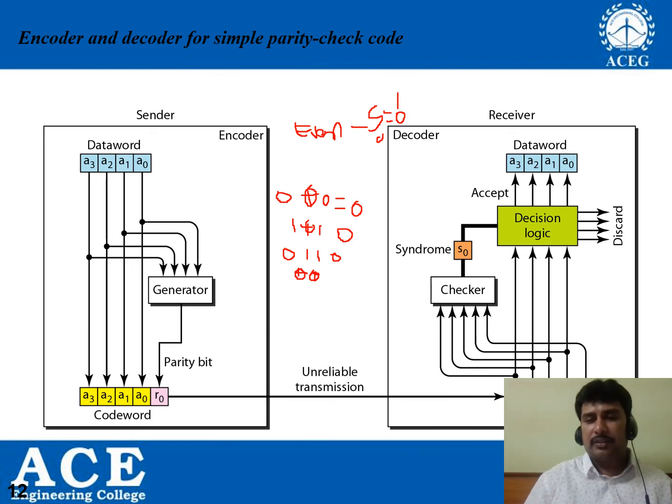But at reception, if one of the bits got corrupted, the total number of ones becomes odd, and for an odd number of ones the syndrome value is 1. But what is required here? Even parity, so the syndrome value should be 0. So whenever a single bit is affected, the syndrome becomes 1 and the decision logic will reject the data, and we have to discard it.